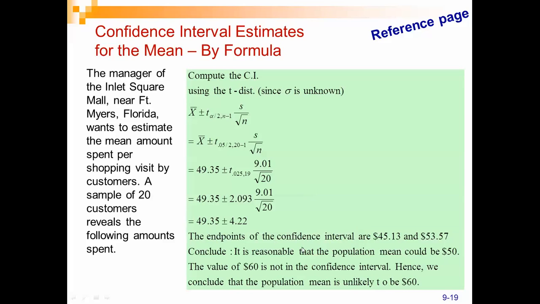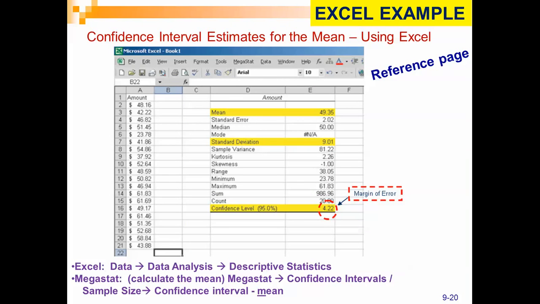And we find that our upper and lower limits, or endpoints, as listed here, are $45.13 and $53.57. So it's reasonable that the population mean could be $50. And the value of $60 is not in the confidence interval, so we would conclude that the population mean is unlikely to be $60. So let's take a look at Megastat and Excel and see how we do it with those.